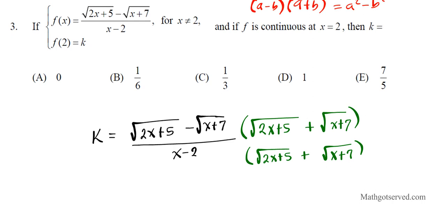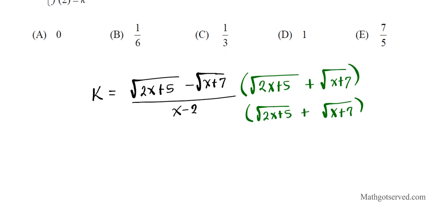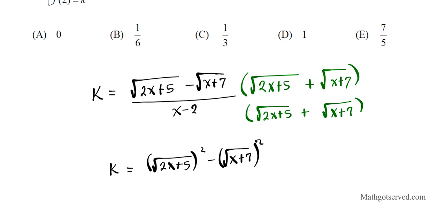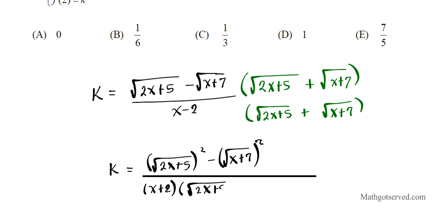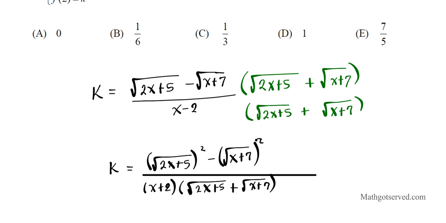Using this idea on the numerator, we have k equals the square root of 2x plus 5 squared minus the square root of x plus 7 squared, and this whole expression divided by x minus 2 times the square root of 2x plus 5 plus the square root of x plus 7. Don't bother distributing the denominator. It's a total waste of time. Don't do that.